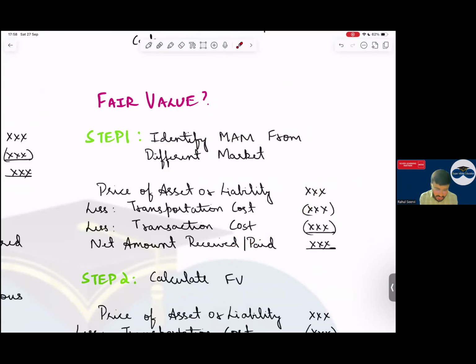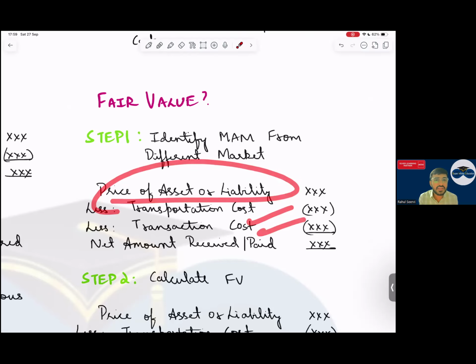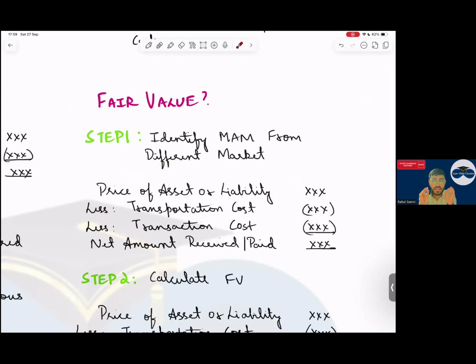When you do this calculation, you take the price of the asset, less transportation, less transaction cost. Here we will include transaction cost, so that we get the net amount which we receive by selling an asset. Now, when you do this for 3 to 4 markets, you get the market which will provide you the most benefit. Consider that market to calculate what?